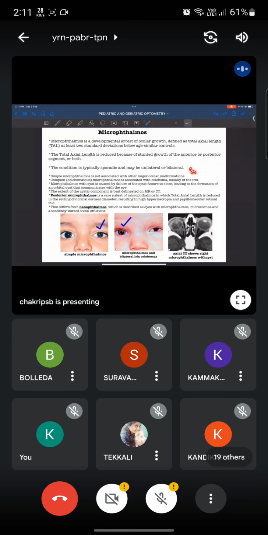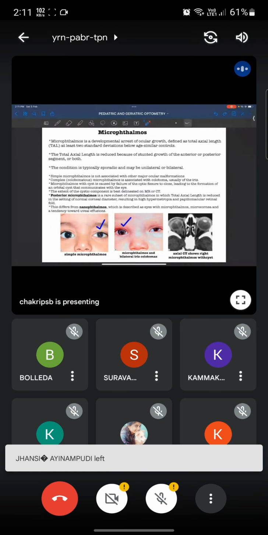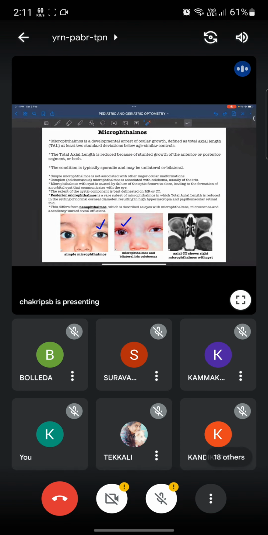For example, speech delay, hearing problems, or mentally retarded people who lack brain development. These are all delayed due to premature babies and infected babies at birth. In the same way, microphthalmos is developmental arrest of ocular growth in total axial length.